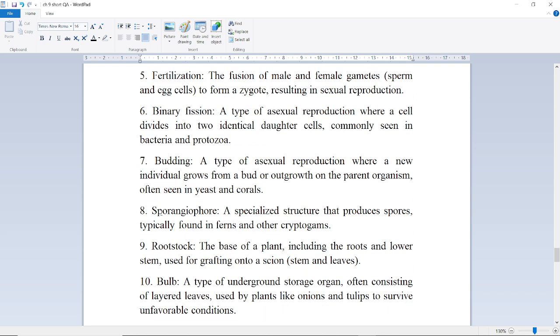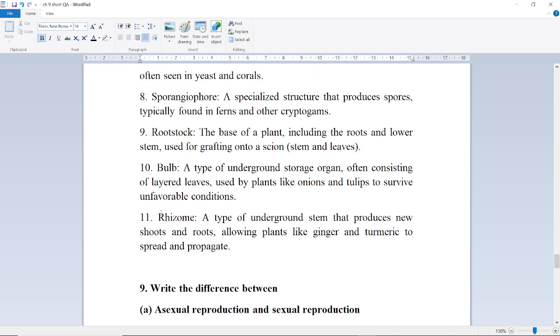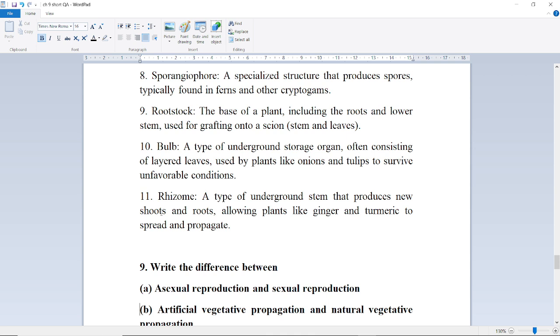Next is bulb, a type of underground storage organ often consisting of layered leaves, used by plants like onions and tulips to survive unfavorable conditions. Last one is rhizome, a type of underground stem that produces new shoots and roots, allowing plants like ginger and turmeric to spread and propagate.